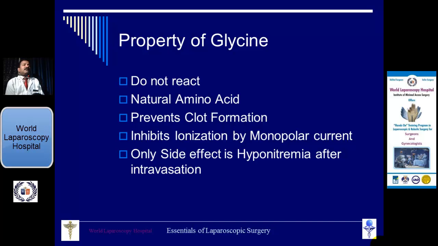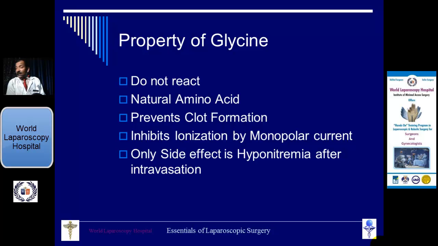And third is input and output of the fluid. At the end of the procedure, the fluid deficit must be calculated. Suppose you have used 3 liters of glycine and only 500 ml came out, then where did the extra 2.5 liters go? You have pushed it somewhere, and then there is a concern.